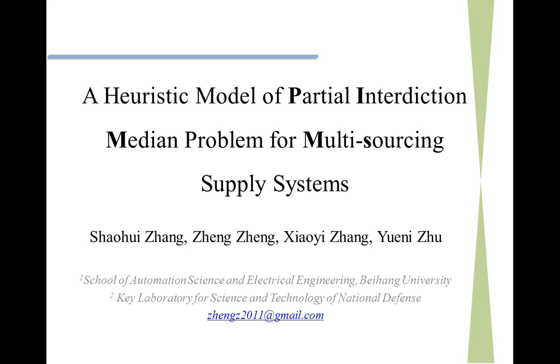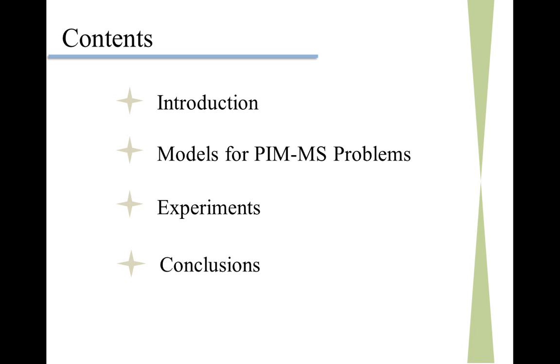The title is A Heuristic Model of Partial Interdiction Median Problem for Multi-Sawing Supply Systems. Afterward, PIM-MS problem is called for short. My presentation will be given in 4 parts.